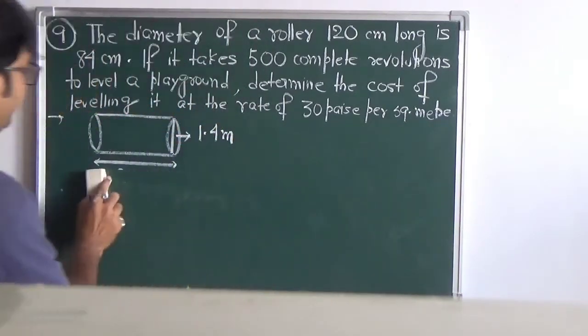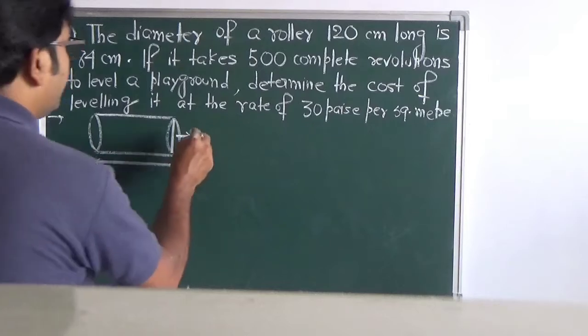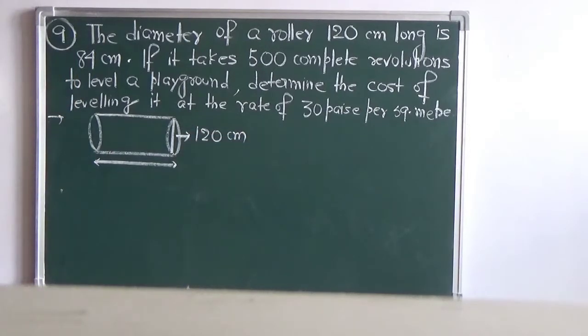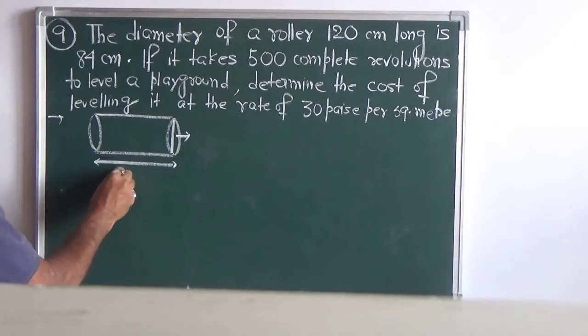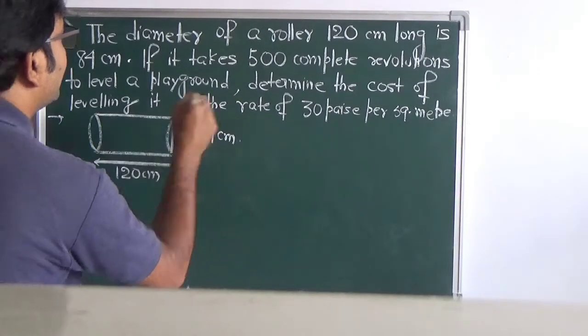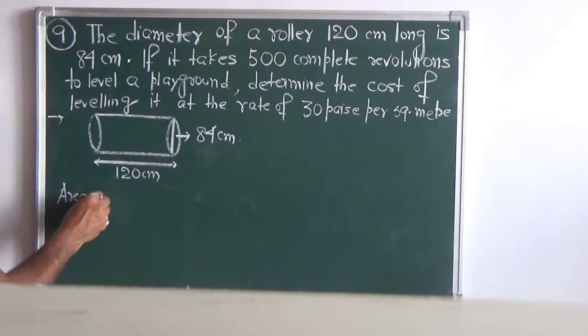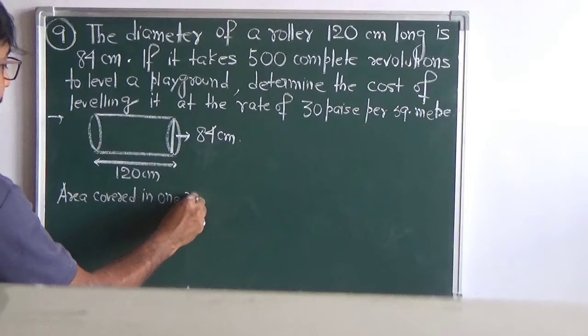Again the same thing, it is a garden roller. The diameter of the roller is 84 centimeters and the length is 120 centimeters. If it takes 500 complete revolutions, let us first find the area covered in one revolution.